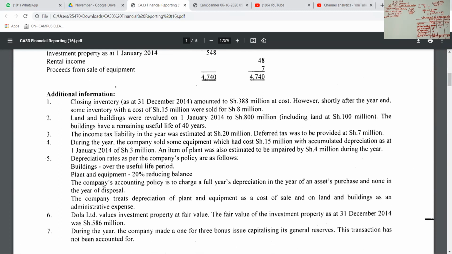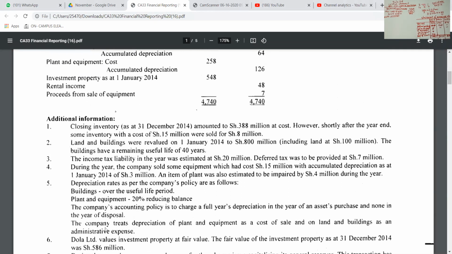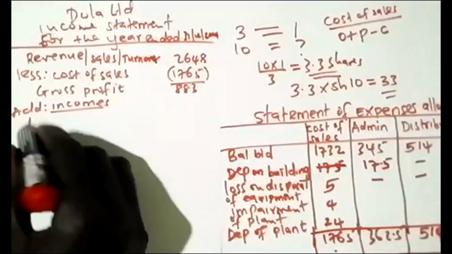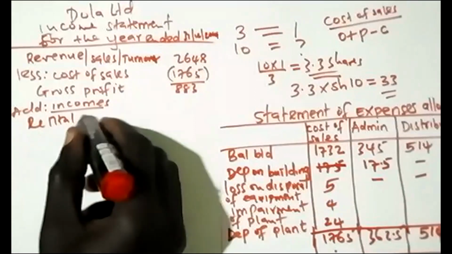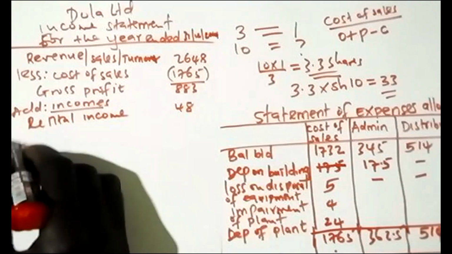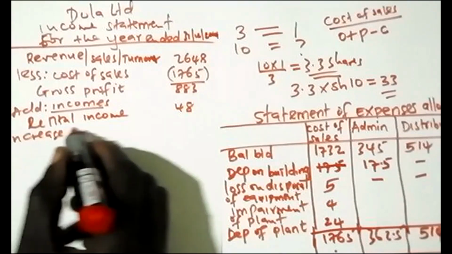And you were told in additional information number 6 that the fair value of the investment property as at 31st December 2014 was 586. So we get the difference of 38. So we have those two, rental income of 48 and increase in fair value of investment property.